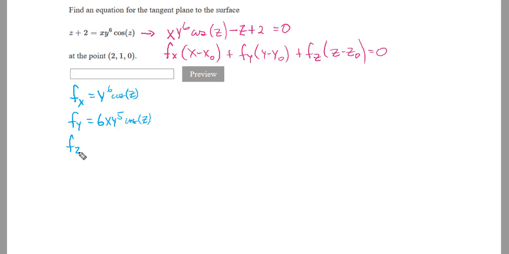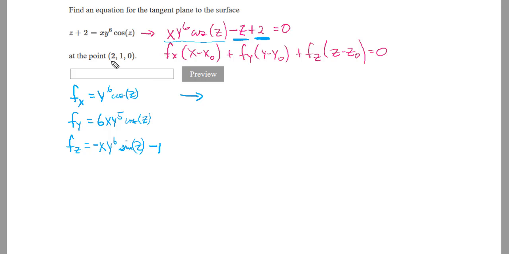The partial with respect to z of the first term, copy down the xy^6, and we get negative sine z. The second term, the derivative would be negative 1, and the third term would be 0.